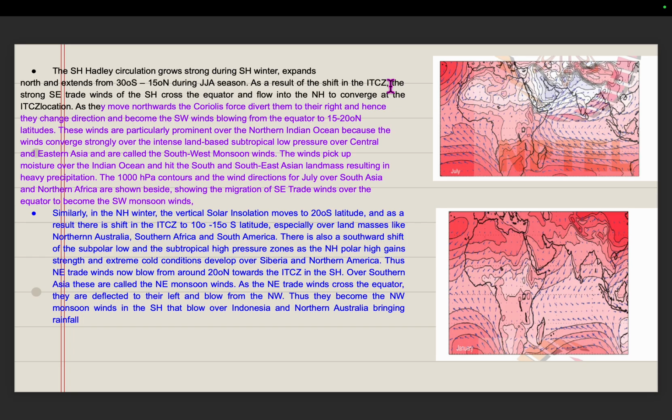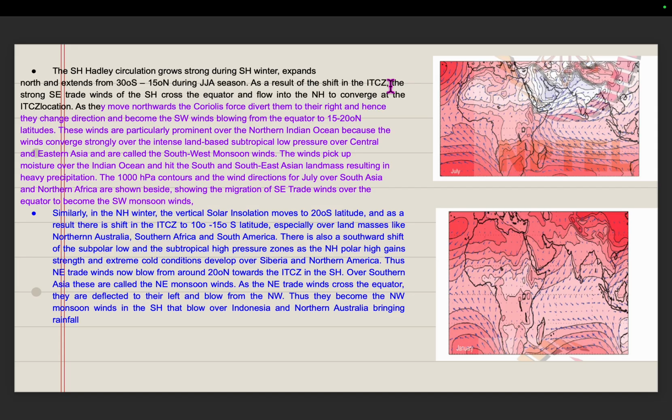As they move northwards, due to the Coriolis force they are deflected to the right, hence they change direction and now become southwesterly winds blowing from the equator to 15 to 20 degree northern latitude in the season when there is a northern hemisphere summer.